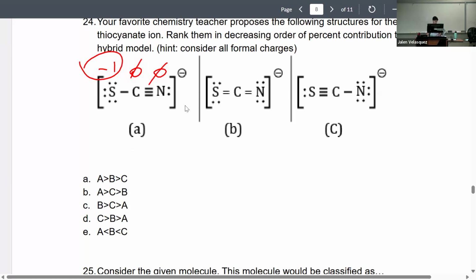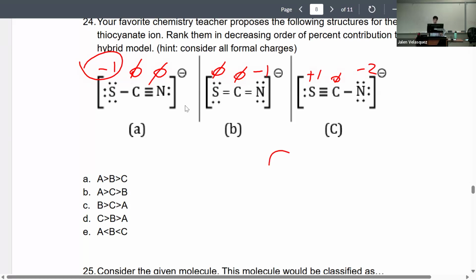We go to structure B. The sulfur here has a formal charge of 0. Carbon has a formal charge of 0. And nitrogen, what's that formal charge? -1. Structure C, sulfur has a +1 formal charge, carbon has a 0, and nitrogen has a -2.